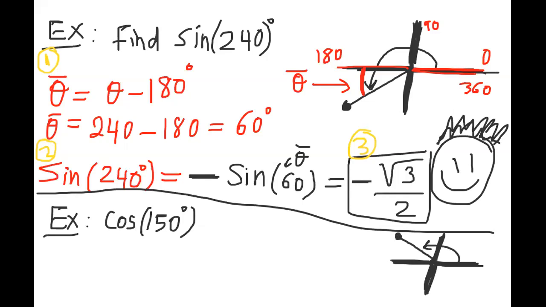So it's in the second quadrant. Perfect. Again, what's the reference angle? Step by step. First, by using the step, what is the reference angle? It is positive 30, not negative.